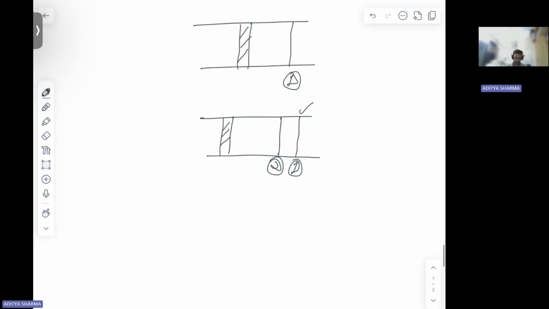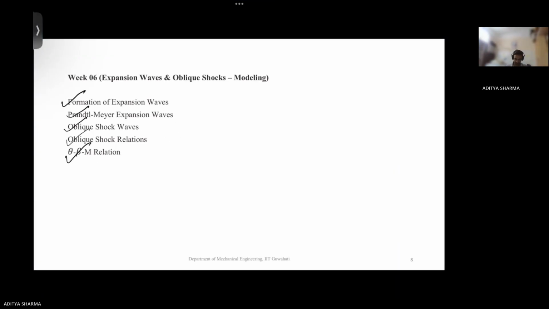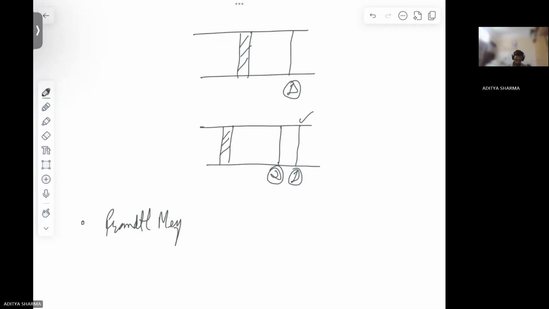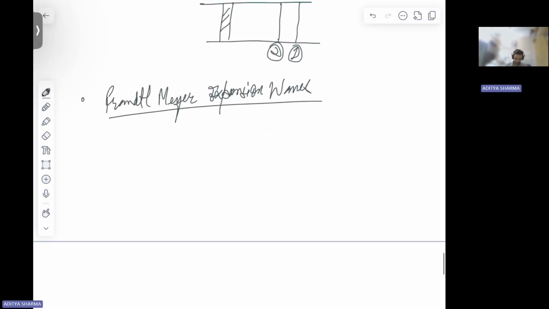Then Prandtl-Meyer expansion waves. So what are Prandtl-Meyer expansion waves?